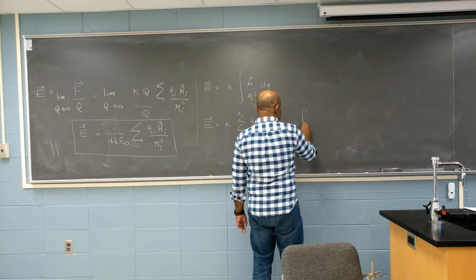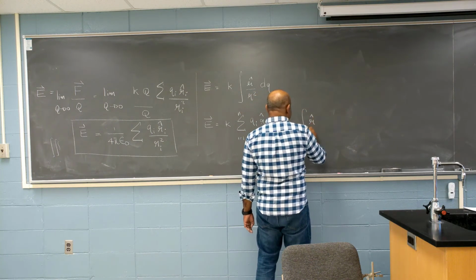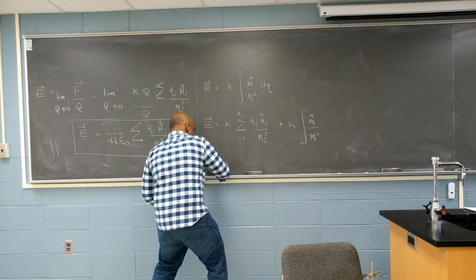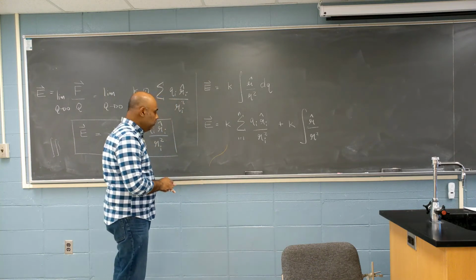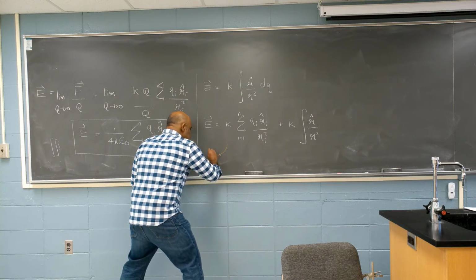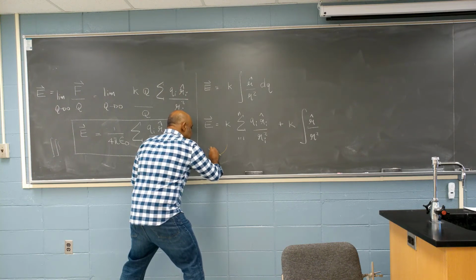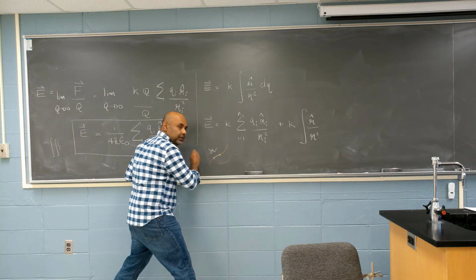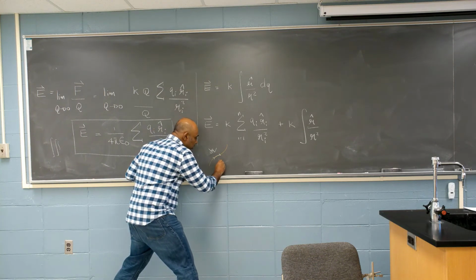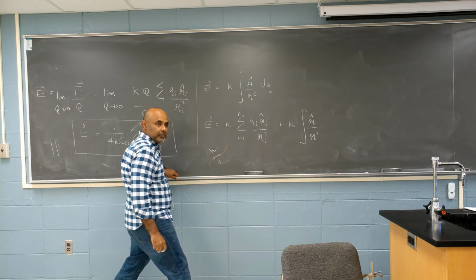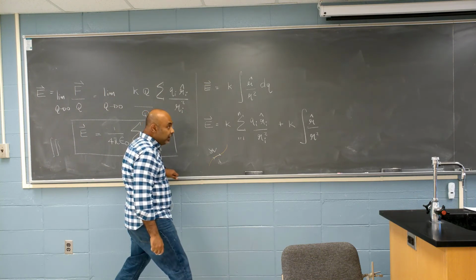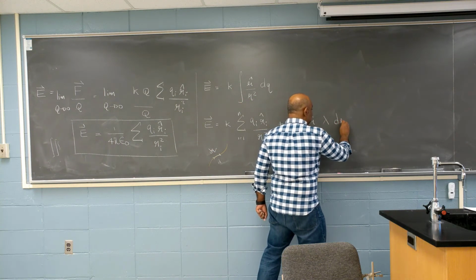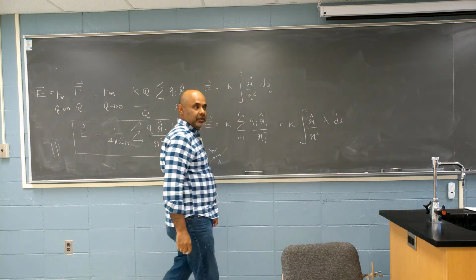There's K r hat over r squared, and for a line charge, this is dq. I want to define a linear charge density, and I'll call it lambda. Then if it's a line charge, it becomes lambda dl. Does that make sense?